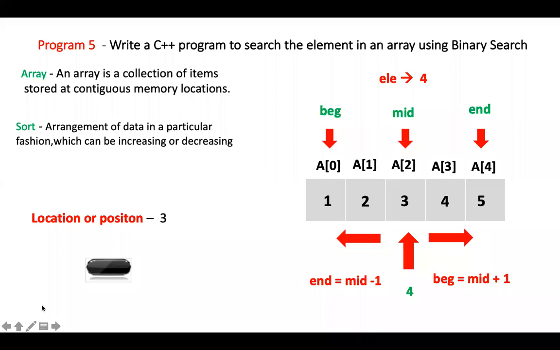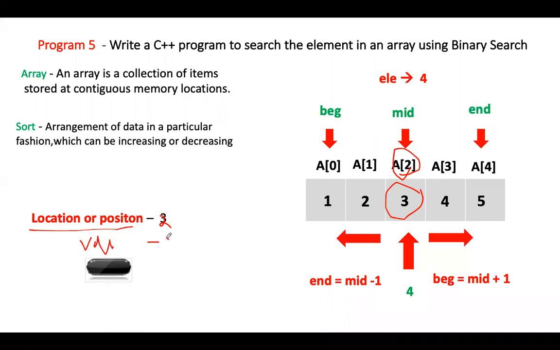It is actually 2, because 3 is found in position 2. Location is 2.